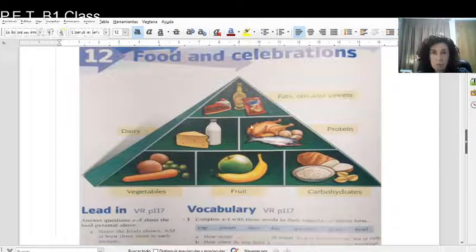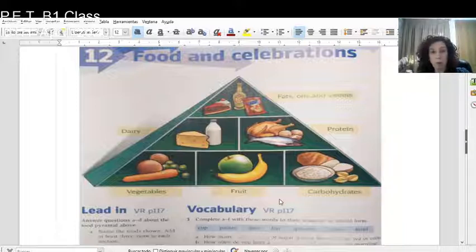And chicken, meat, that have protein. Then carrot, beans, onions, or olive oil could be these, and they are vegetables. Here we have an apple and a banana, fruit. And here you have bread, rice, and they are carbohydrates. Repeat, carbohydrates.